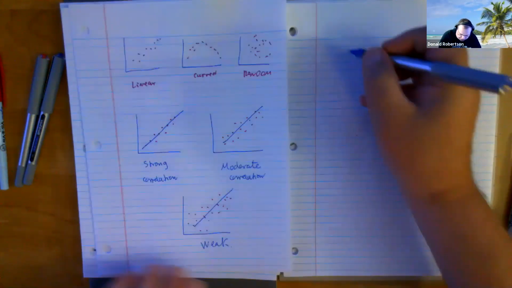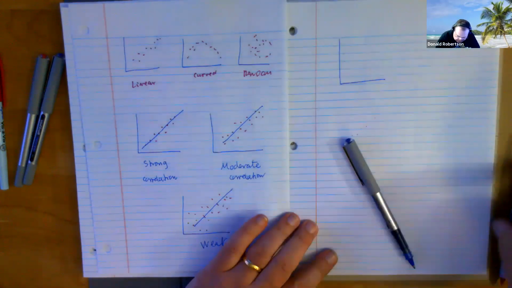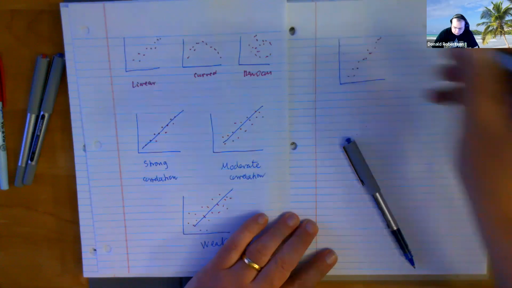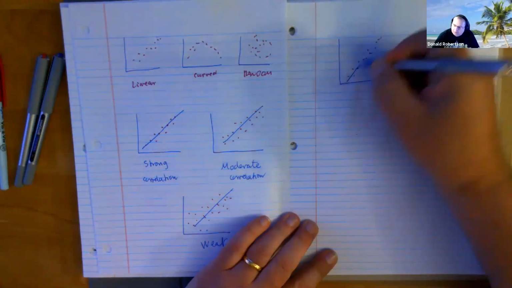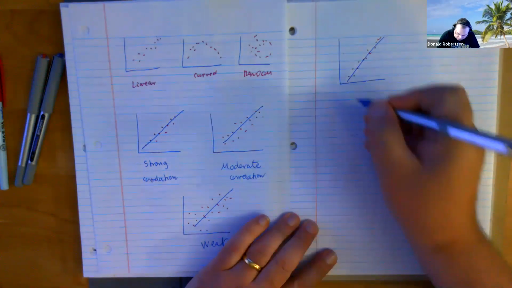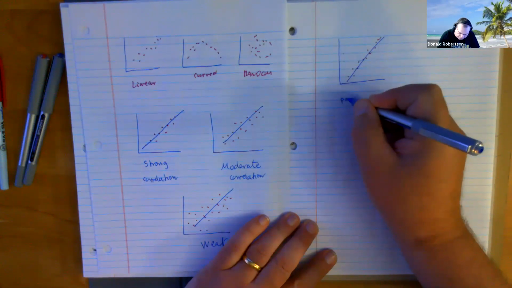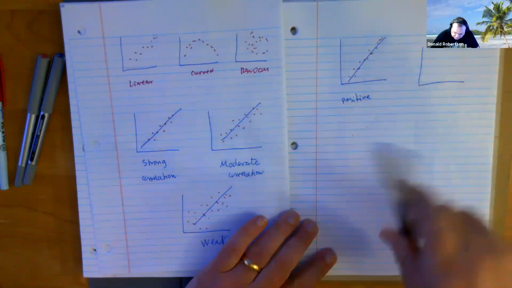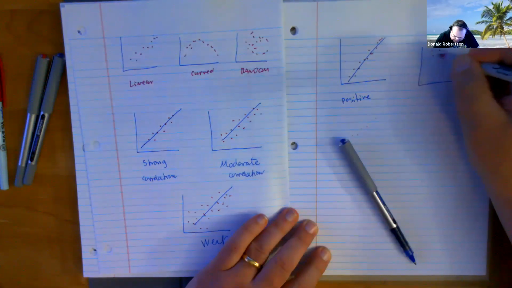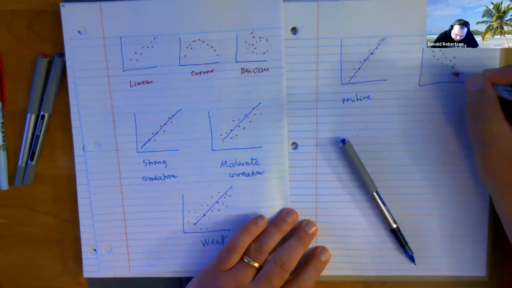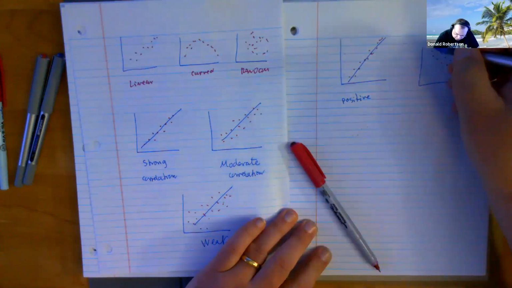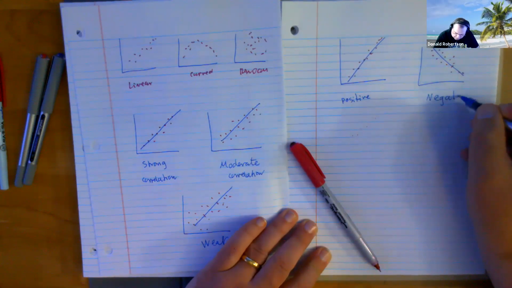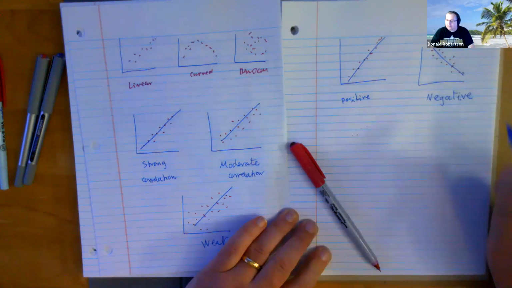Now, you can have linear data that goes uphill, and when it does that, we say that it is positive. But isn't it just as likely that you could get data that's linear, but it goes downhill, in which case you'd call it negative.